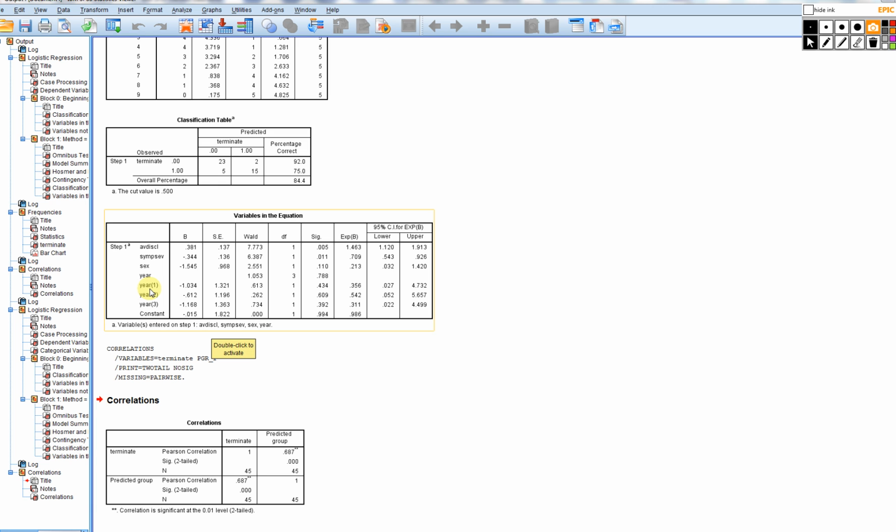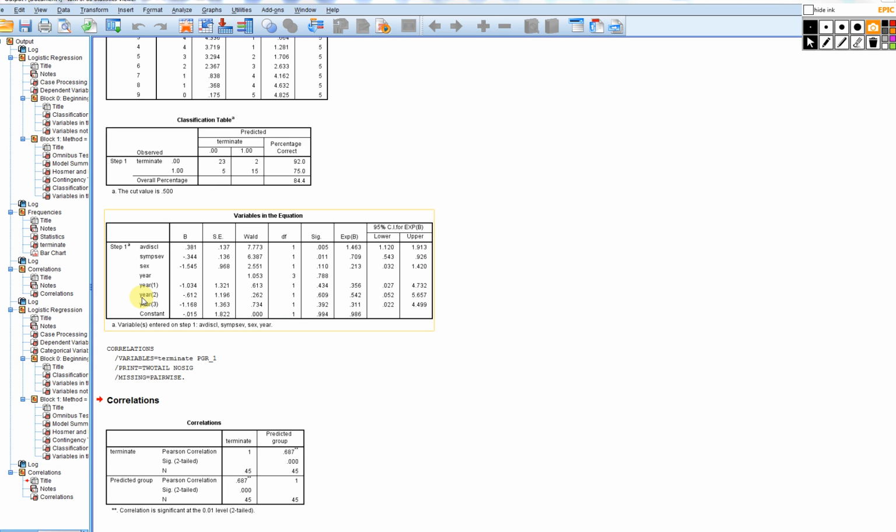Essentially what this is telling us is that the sophomores, which were in the group that was coded 1 on this particular dummy variable, are less likely to terminate within the first 2 months than the freshmen. But nevertheless, that difference was not statistically significant, even though the odds of the sophomore terminating is considerably less than the odds for freshmen.